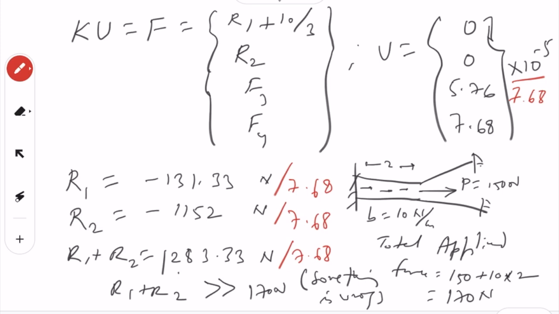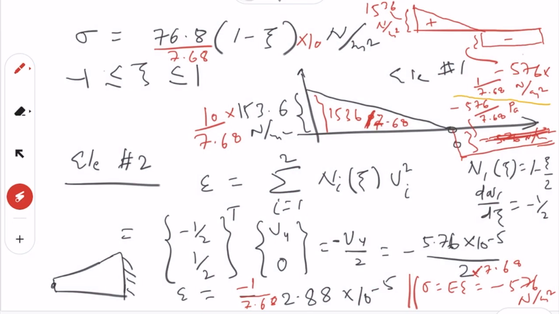So now what we will find is the value will be a little bit different. So R1 and R2 after correction. Wherever we find this value, there also let's go and correct.